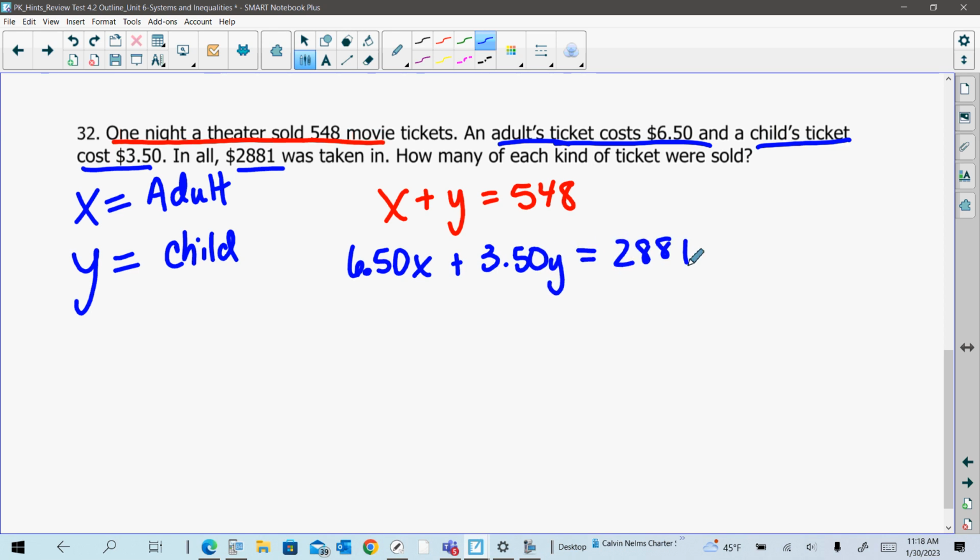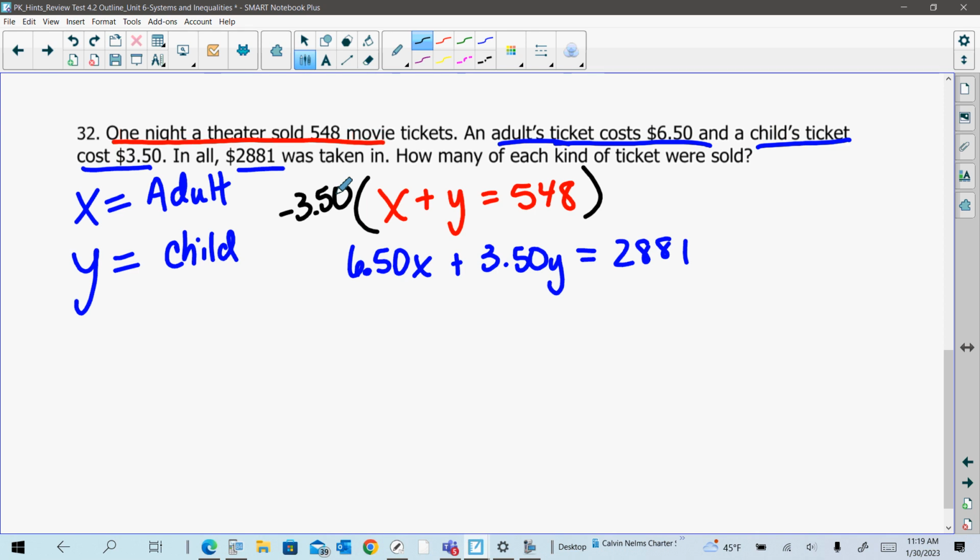Yeah. So we have to create opposite terms here. So which term would you like to eliminate and create an opposite for? Multiply by negative 3.50. Yep, to the top one.